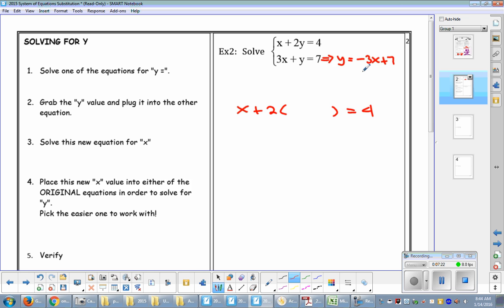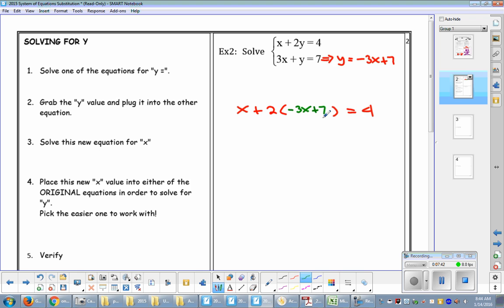But the y that we solved from the second equation is equal to negative 3x plus 7. So again, I took the y value from my second equation and plug it into the first equation.